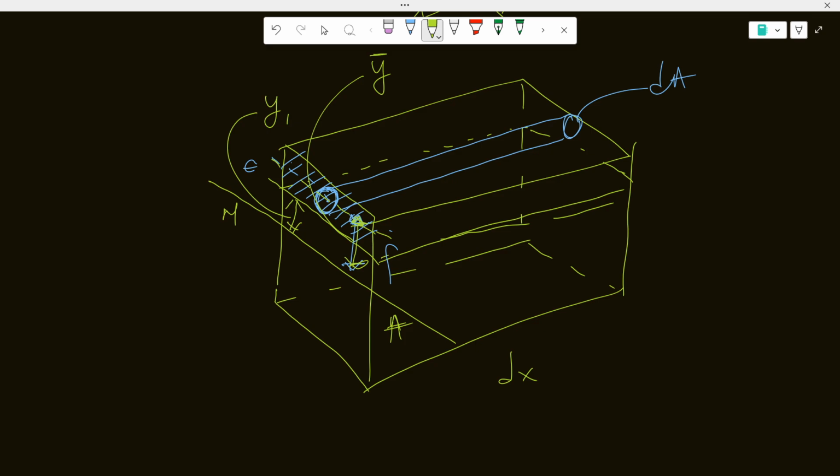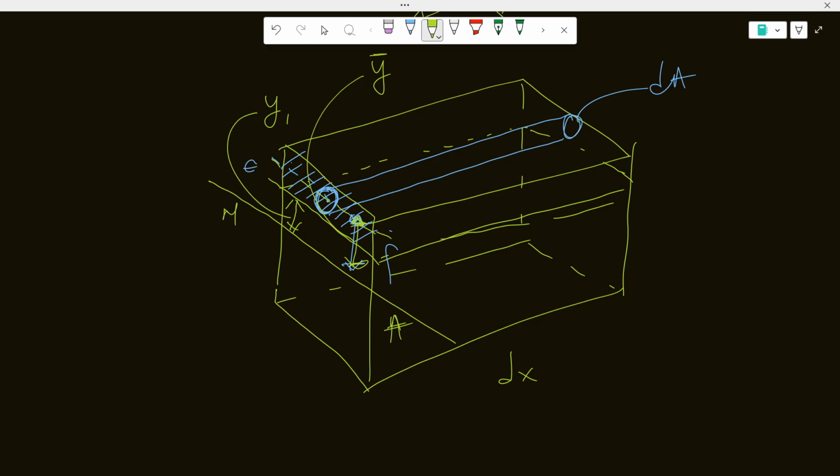Or no, let me call it Y, since it is Y bar when it is the total area, but let's use Y since we're just using one cylinder, for the sake of simplicity. But at the beginning, when it was the total area, we used Y bar.